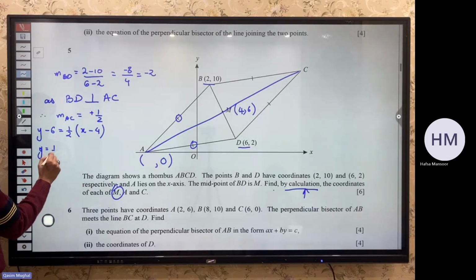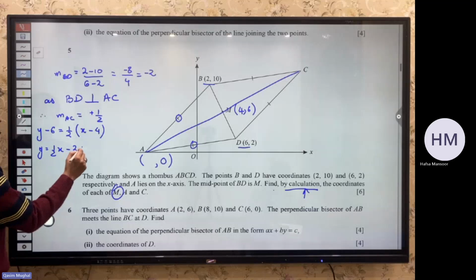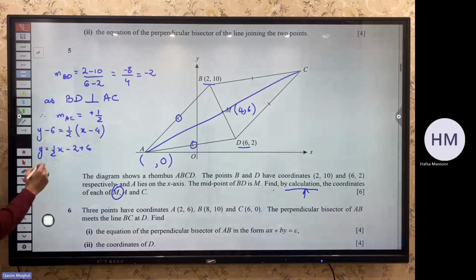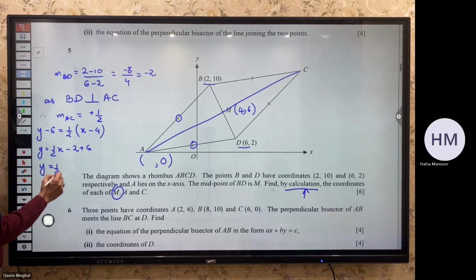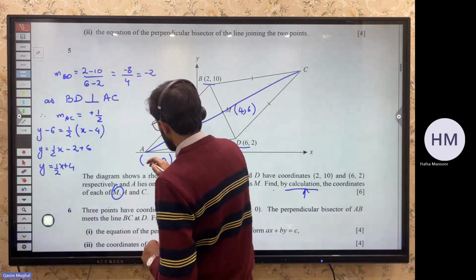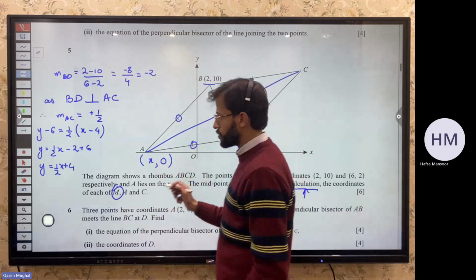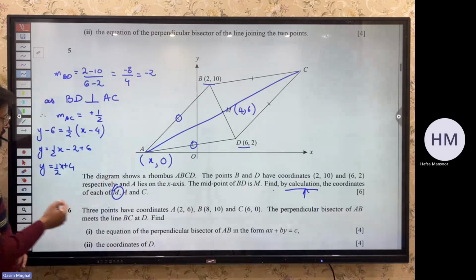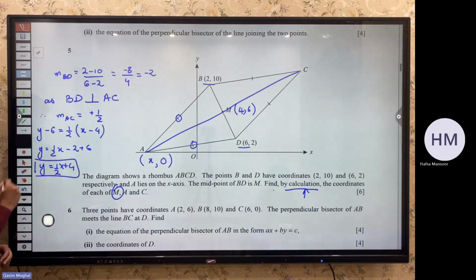So y equals 1 over 2 into x minus 2 plus 6. 1 over 2 into minus 4 is minus 2. This was minus 6 when I moved there. It is plus 6. So y equals 1 over 2x plus 4. ओके, A फाइंड करना है, इधर आपके पास x फाइंड करना है, y 0 है, इधर y 0 पुट कर दें, because this point is on AC line as well, and this is the equation of line AC.